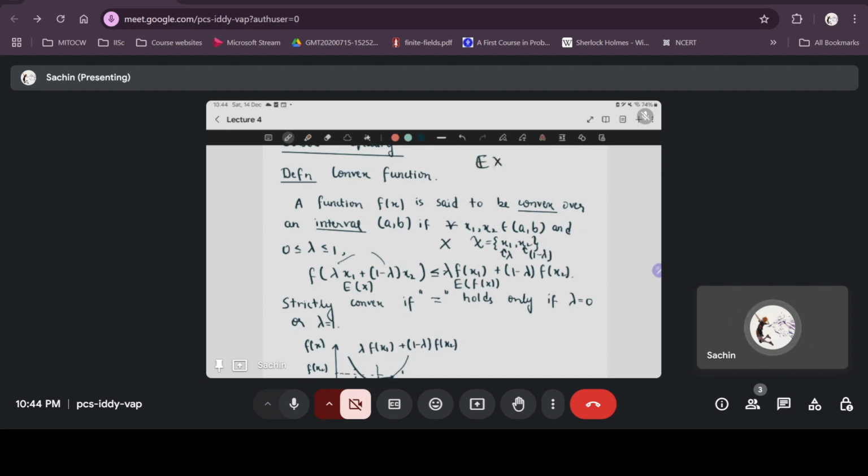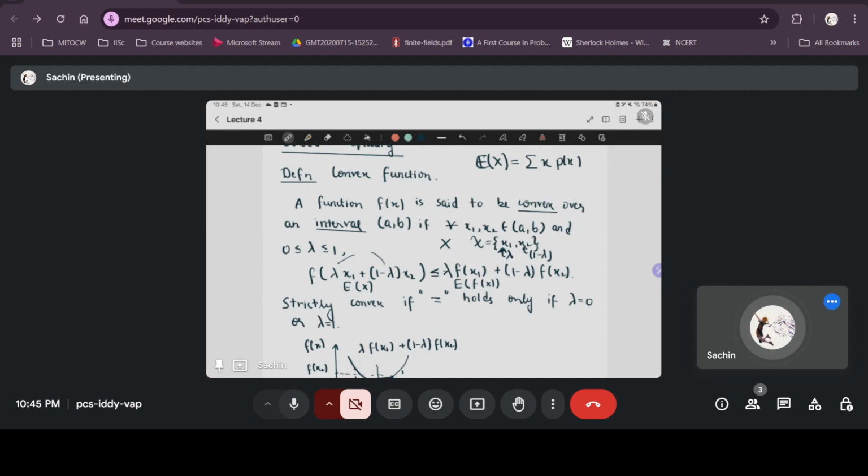The expected value of x is by definition x times probability of x. So I'm saying if you take x to be a random variable that can take the values x1 and x2, and the probability distribution is lambda, 1 minus lambda, because lambda is some quantity between 0 and 1, and the sum of lambda and 1 minus lambda is 1.